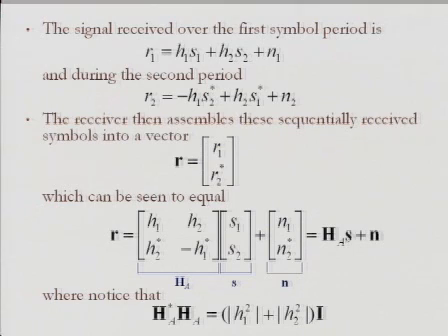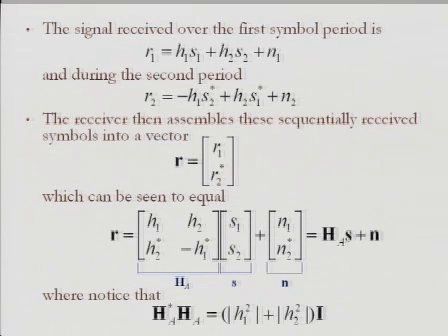Okay, so multiply these two guys, you get H1 S1 plus H2 S2, plus noise 1, and then here we get this guy times this guy plus this guy times this guy plus this noise, and you conjugate it out, and you get this equation. Okay, so this is just a matrix representation of this relationship with a conjugation in the second row.